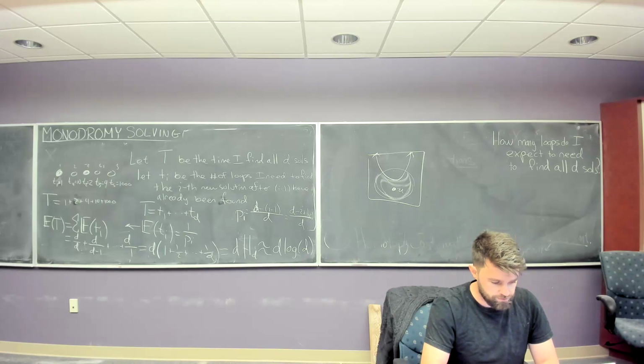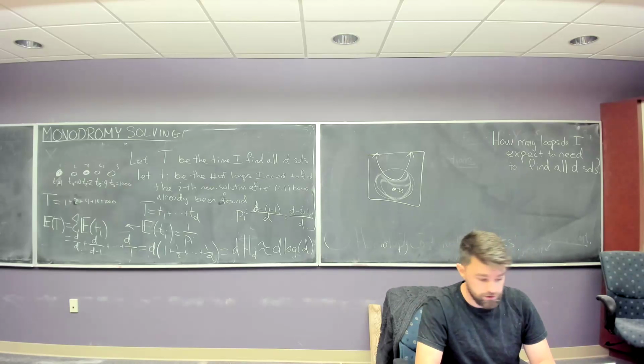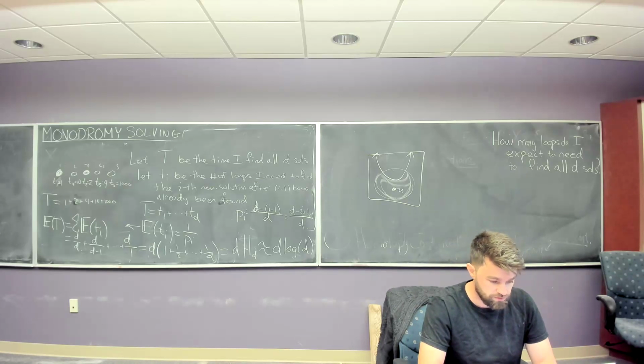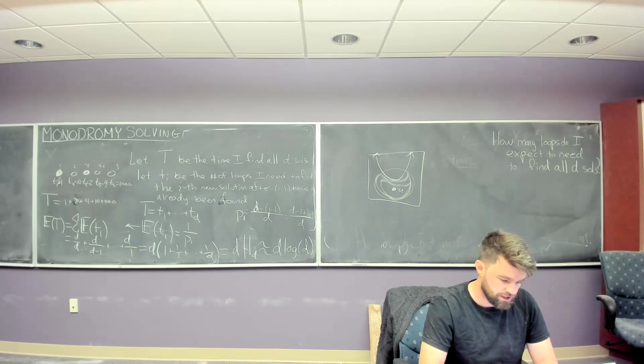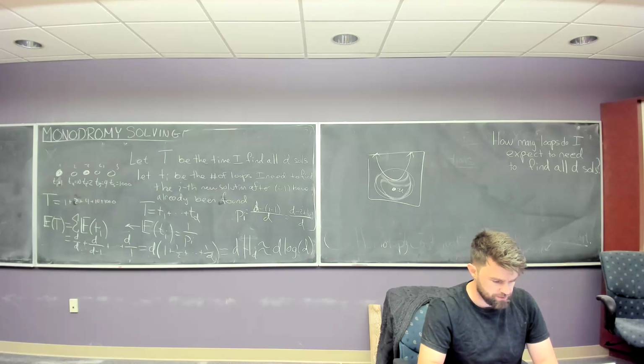So P equals start, U equals P. That's my unit. S equals the solution; make sure it thinks it's the right type. Now we had this random loop function, didn't we?